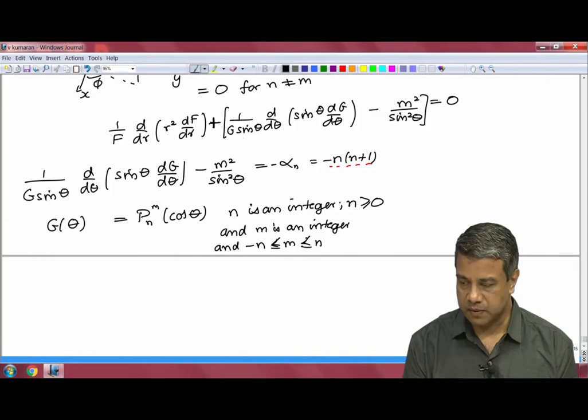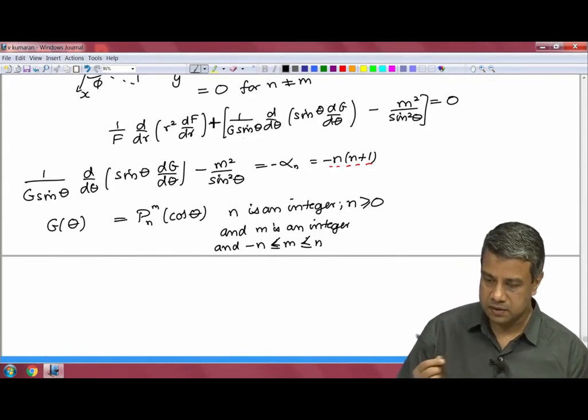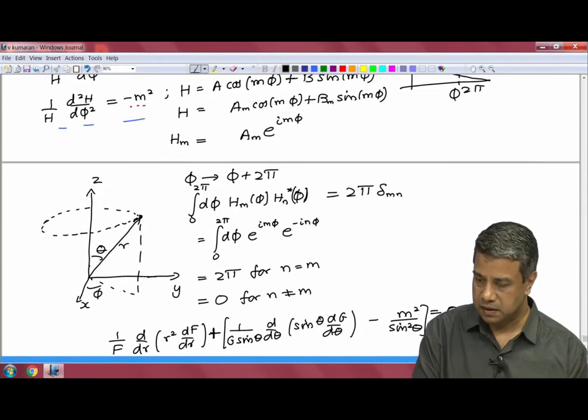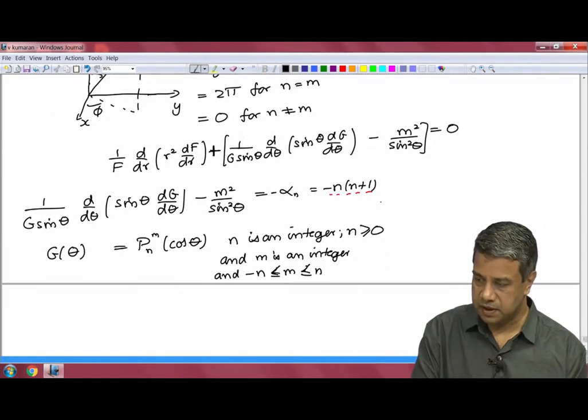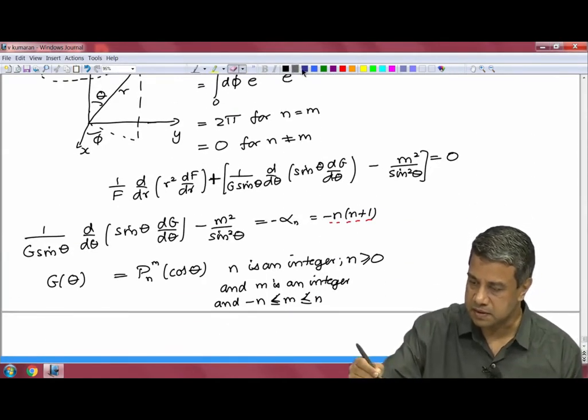And if this is equal to minus n into n plus 1, then the solution for the r direction is obtained by just solving this one.